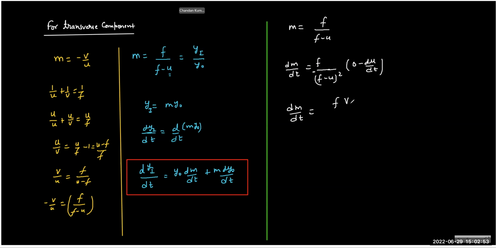But du by dt is basically velocity of object with respect to mirror, the longitudinal one. So now if you want, you can substitute.